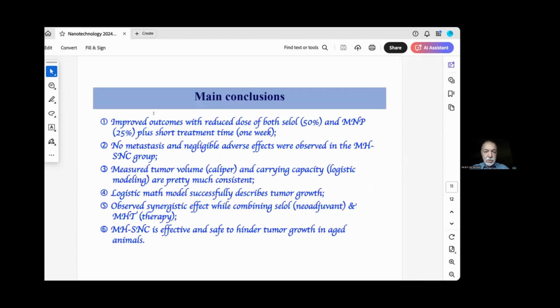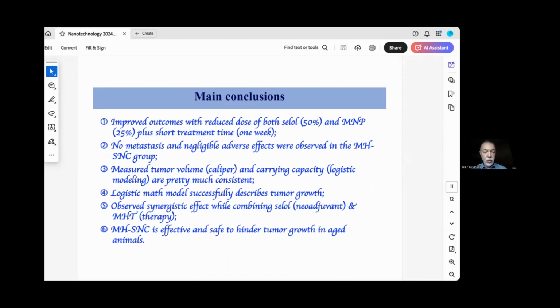So I want to come to my main conclusions to end this talk. The first point is that this treatment provides outcomes with a reduced dose of both silol and magnetic nanoparticles. Plus, it considered a short treatment time of just 1 week.